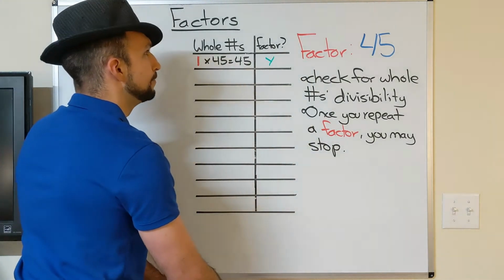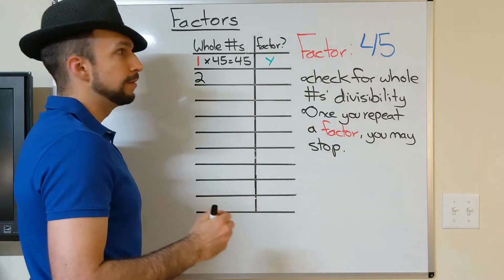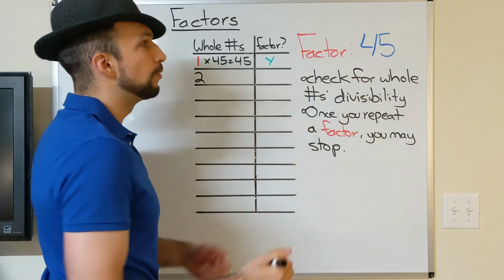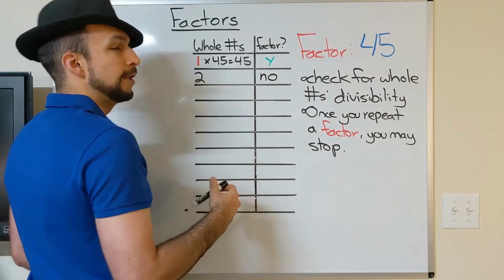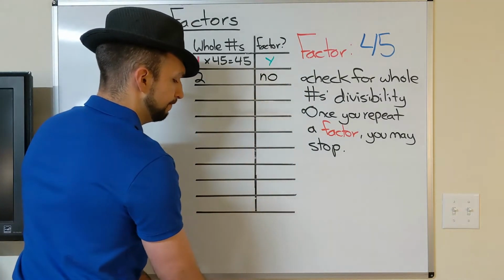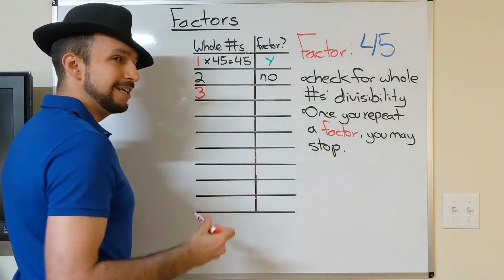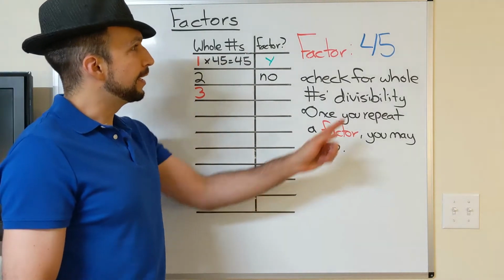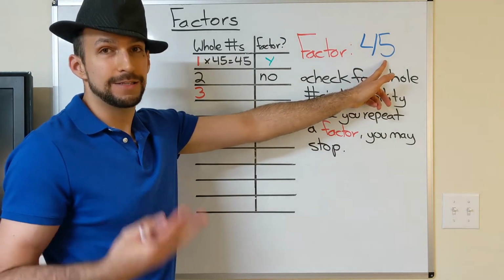Next, we're going to try 2. Well, this is an odd number, so we know 2 will not go into it. So this is not a factor. Then we're going to try 3. Well, there's a couple of ways to test these numbers. For 3, we can add the digits of the number, 4 and 5 make 9, and see if that's divisible by 3.